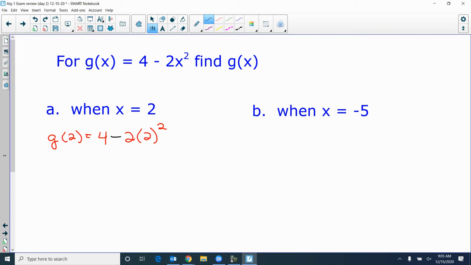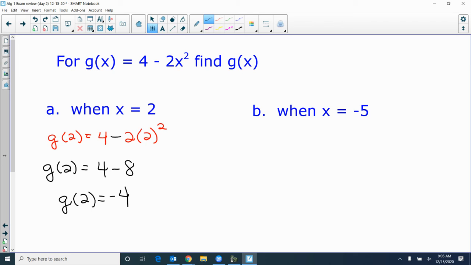All right, watch this right here. Some of you kind of get in a bad habit. You cannot multiply this 2 times this 2 before you square it. You gotta do exponents first, or PEMDAS rules. And so g of 2 equals 4 minus, all right, 2 squared is 4. 4 times 2 is 8. g of 2 equals -4.